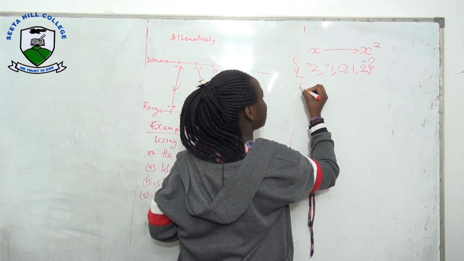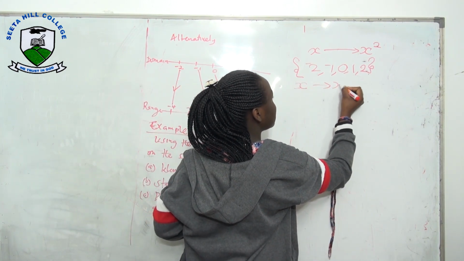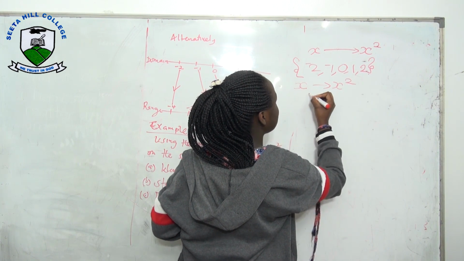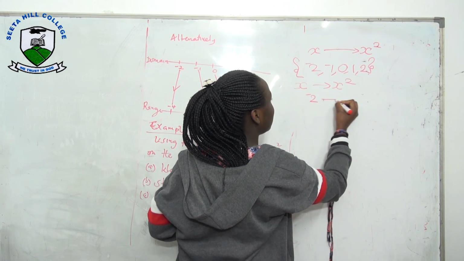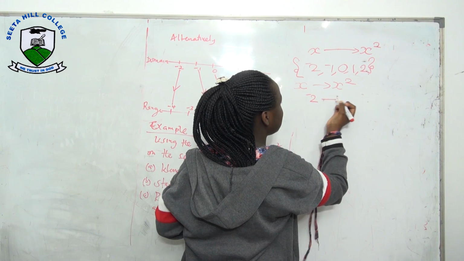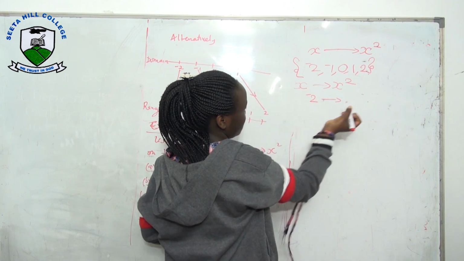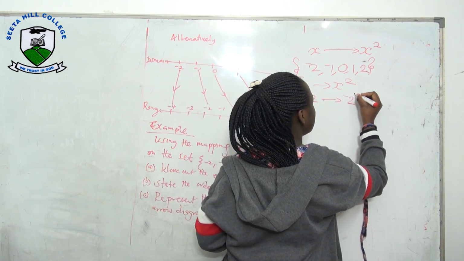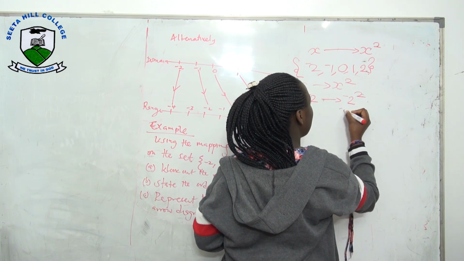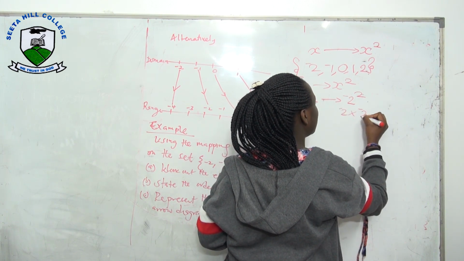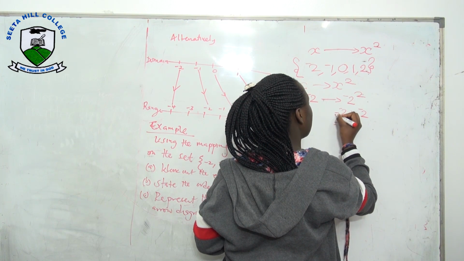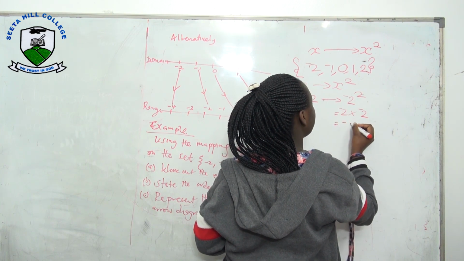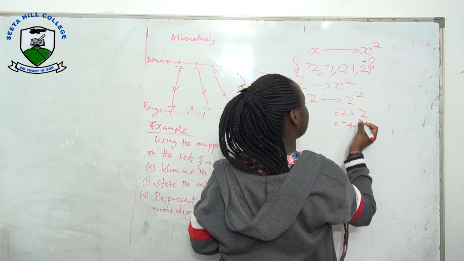So x represents x squared. So this x is -2 for the first one, -2 squared. So -2 times -2, which is +4.